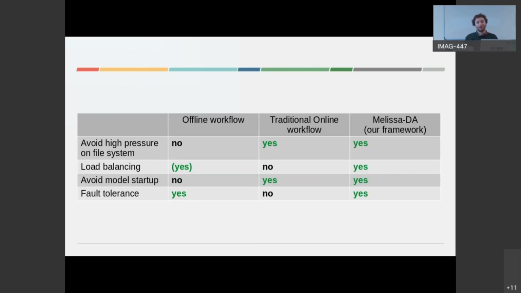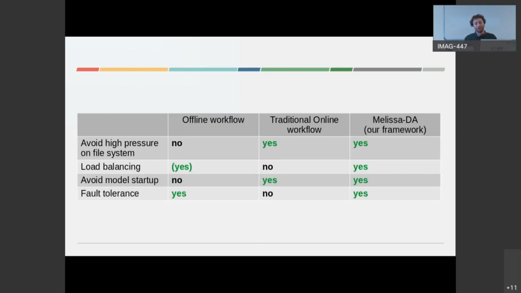And the two of them have different advantages and disadvantages, and I picked the ones where our framework will give very good results. So, for example, offline workflows do not avoid the high pressure on the file system, while online frameworks do.